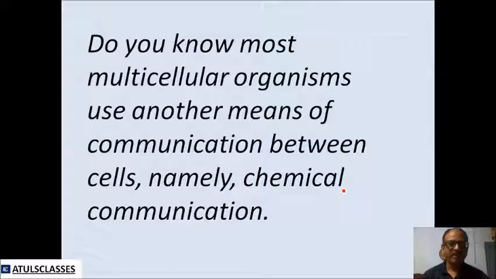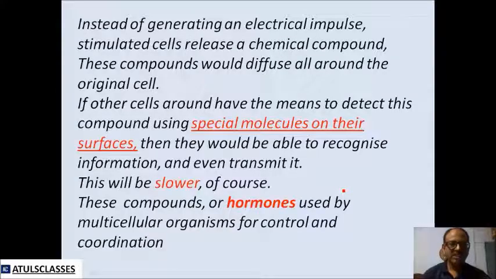Do you know most multicellular organisms use another means of communication, and that is chemical communication. Why is chemical communication needed? Because you find that electrical impulse stimulation is not always possible. You cannot trigger an electrical impulse every time.